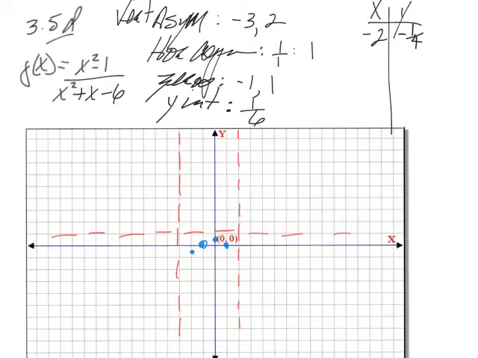I know that when I plug a -3 in or a 2 in, it's going to nosedive. So I know that this graph is going to do this, but it doesn't go down as fast here. It looks about like that. Now let's put some numbers in over here to get an idea of what it's going to look like.